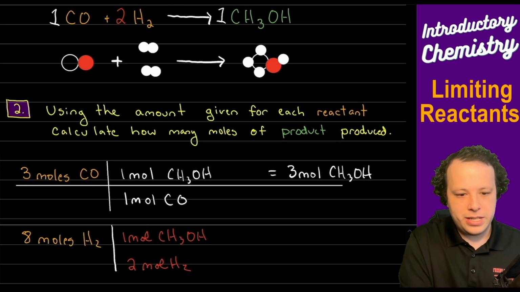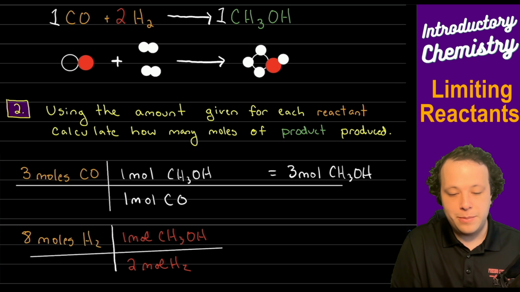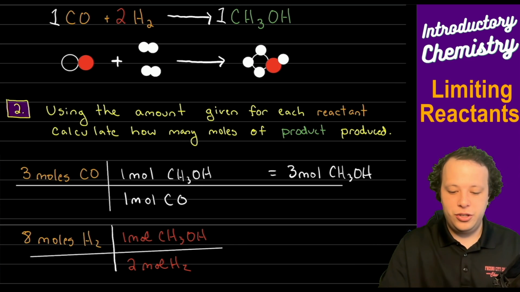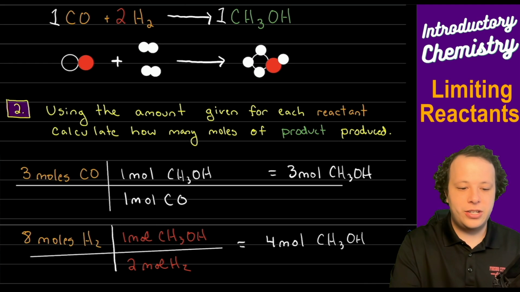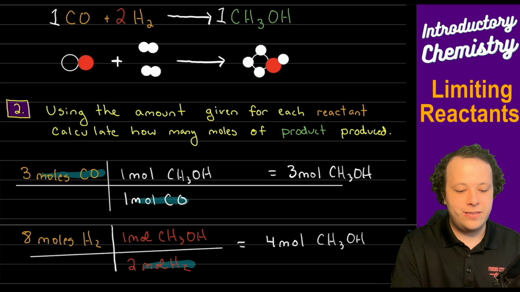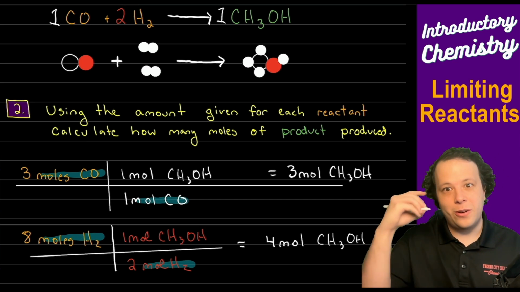What do I mean by summarize? Well, we can take 8 times 1 divided by 2. If we do that, we're going to create 4 moles of CH3OH in our reaction. Notice how when we do these two problems, our units are canceling out. We're matching up all of our units.